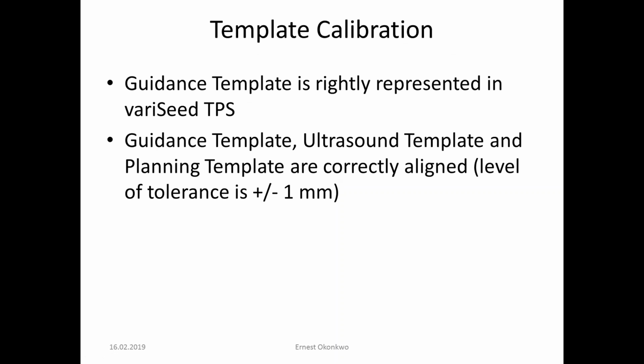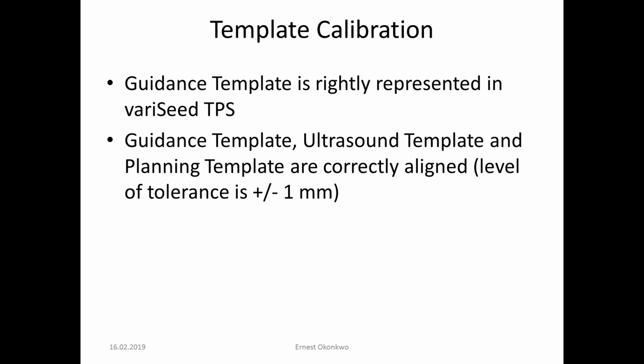For the template, you want to make sure that the visual template and the physical template are accurately aligned, because you don't want the medical physicist, who is giving the instruction to the radiation oncologist and the urologist, to tell them where to place the needle, and the urologist places it there while the templates are not aligned.